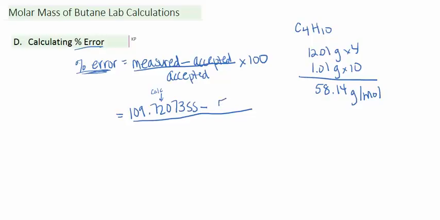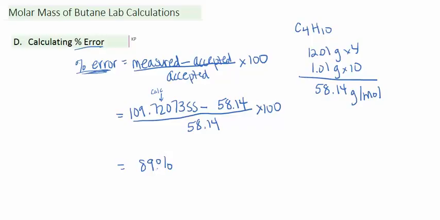So the question is, how far off is my data? Well, I'm going to plug in. That's what percent error tells me. So I plug in my 58.14 here. That's the accepted value, and this is the accepted value here, times 100. And then when I evaluate that, I get 89%. So I was almost double, which you see there, almost 100% more, almost double what I should have been.